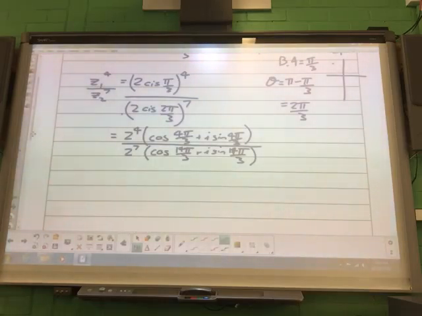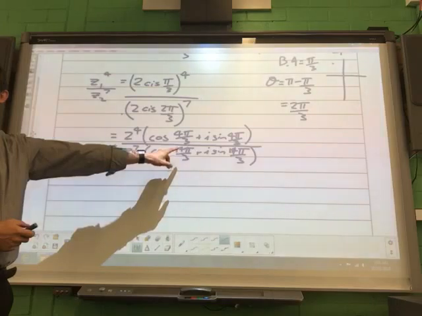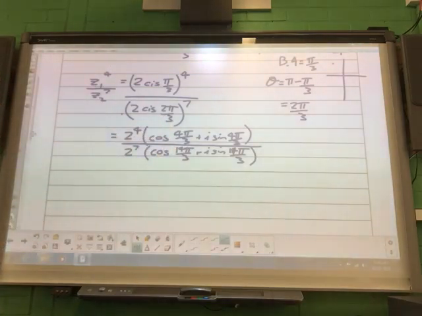Say it again, sorry. With how it's cos n theta, does the n go onto the fraction? Does it come underneath the fraction as well? No, because theta is the argument, remember?